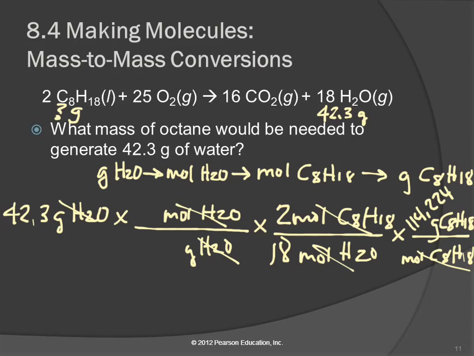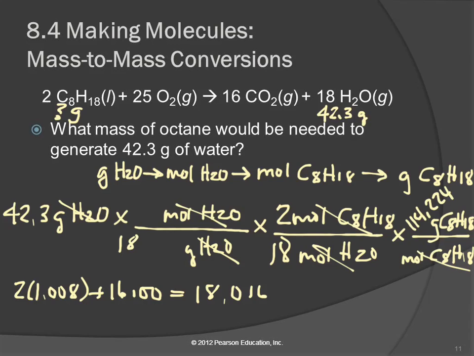It doesn't really fit in there. We'll force it. Then we need the molar mass of water. 2 times 1.008 plus 16 gives us 18.016. So that's going to go in here, 18.016.